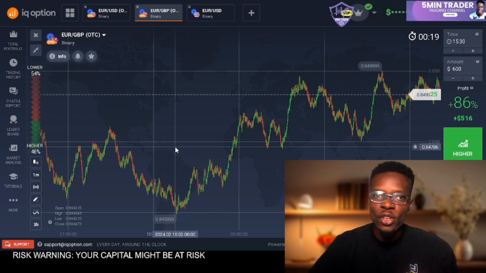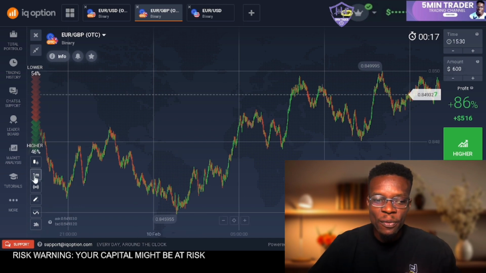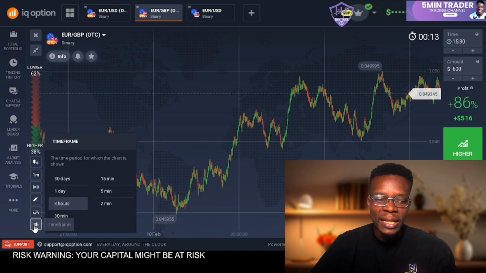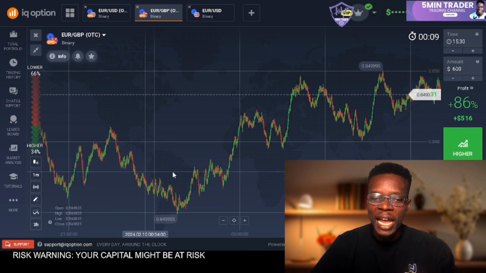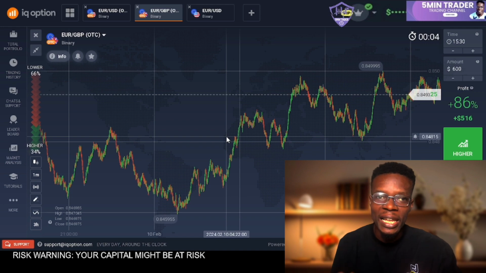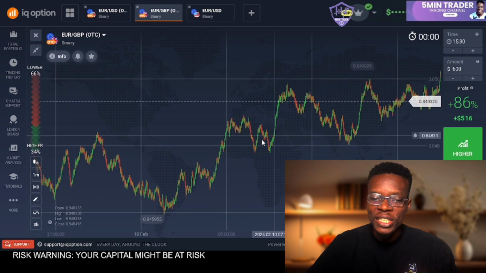Now, if you are using IQ options and you are trading over the 1 minute time frame, you will see that by default you'll be seeing 3 hours like this. Now, these 3 hours you see here is the time of all these candles you are seeing over here, which is a large scale of the market. Now, you want to be paying attention to this last scale.